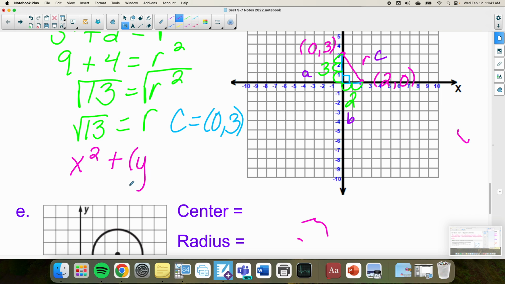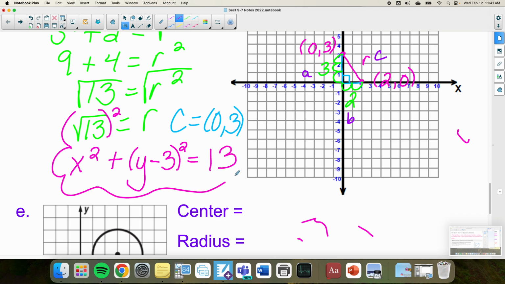Then you would go y, and if this is 3, how would I write that? Minus 3 in parentheses squared equals, what do you think that would be? 13. Yes, because don't we square the radius? And when you square the square root of 13, that is 13.